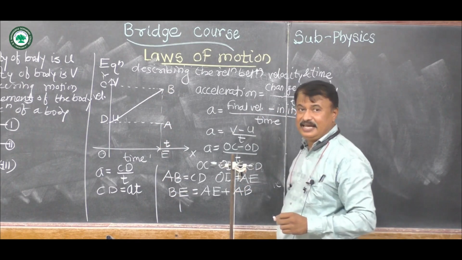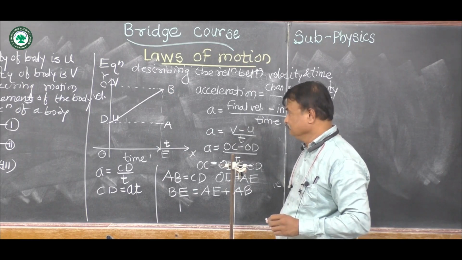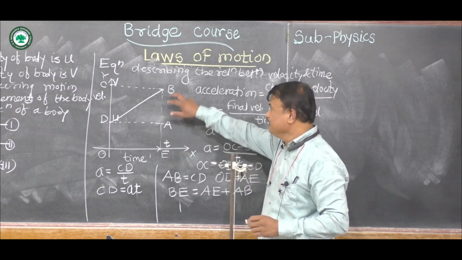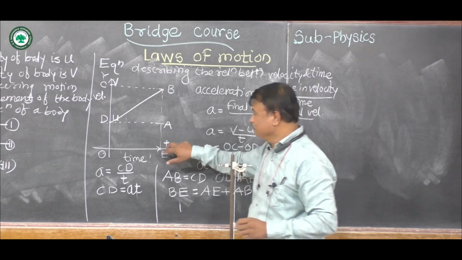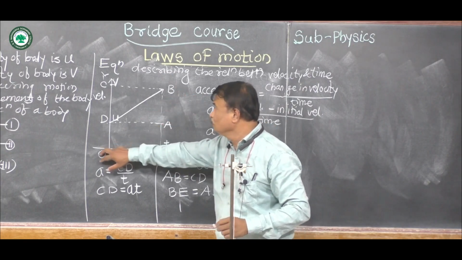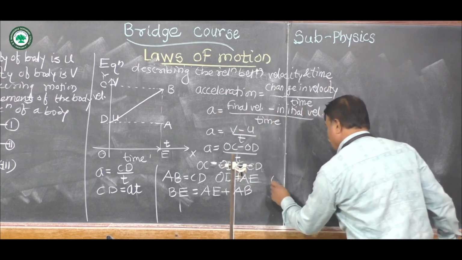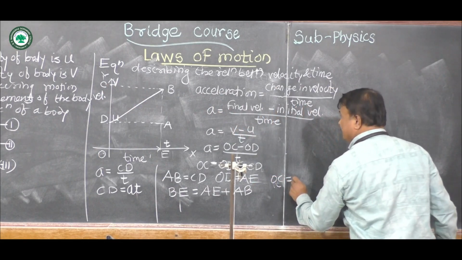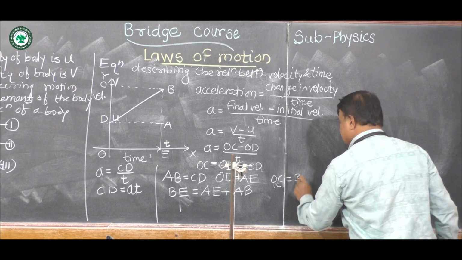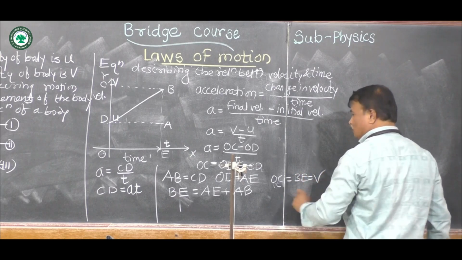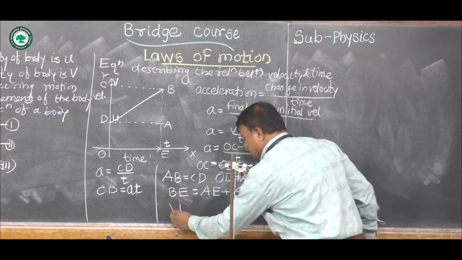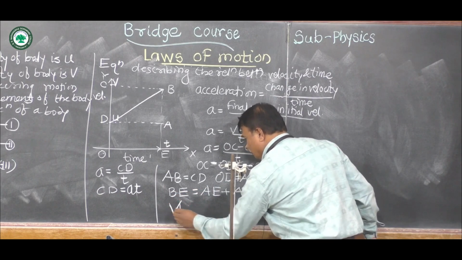Now this distance BE is equal to OC, and this OC is equal to v. Here we write OC is equal to v and BE also equal to v. So we substitute the value of BE, that is equal to v.